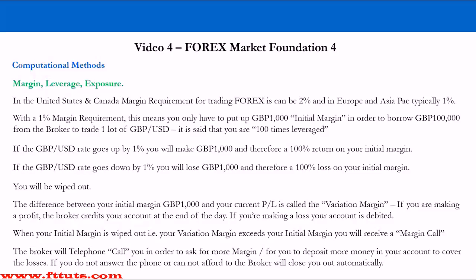Now, what's quite interesting is if we again look at things from the perspective of the retail Forex broker, because you may have noticed something as we've gone through this slide here, that the brokers themselves use these terms called initial margin and variation margin and margin call.